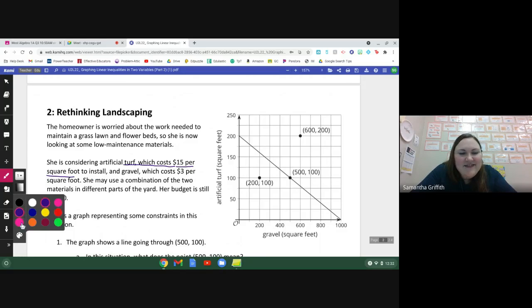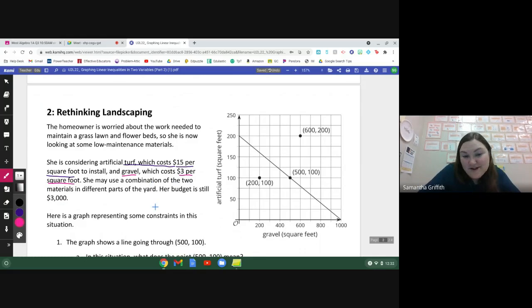And then the gravel, which costs $3 per square foot to install. And just like before, she's going to use a combination of the two materials in different parts of the yard. Her budget is still $3,000.